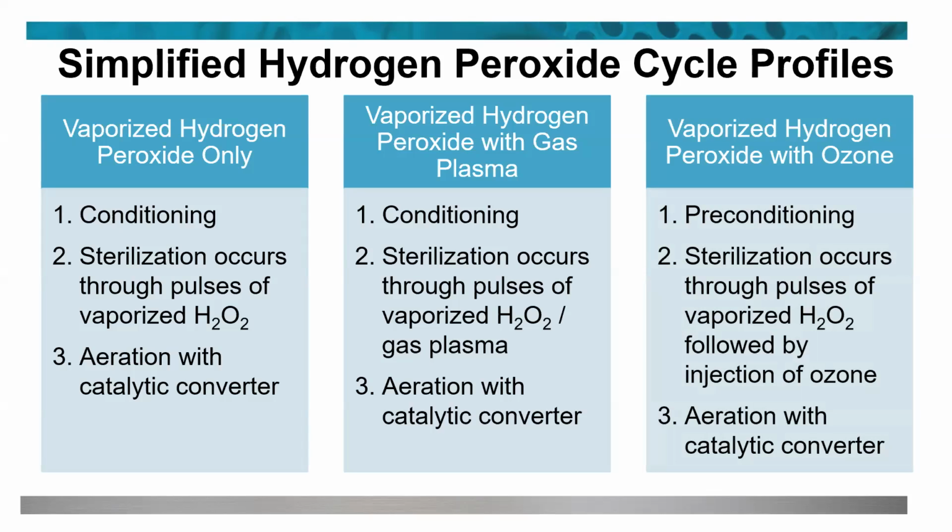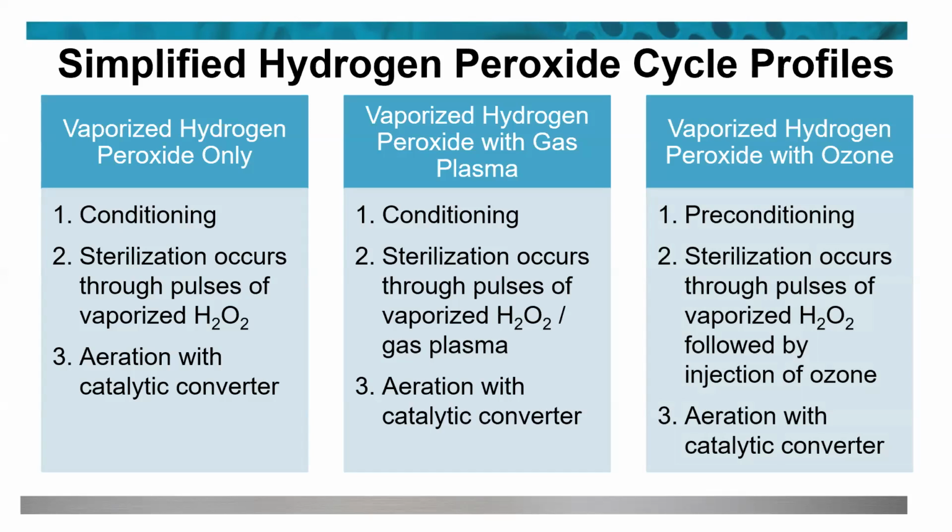Then lastly, we have vaporized hydrogen peroxide with ozone. This system utilizes vaporized hydrogen peroxide and ozone, and they start this in the conditioning phase. During this phase, the air and moisture are removed again from the chamber.